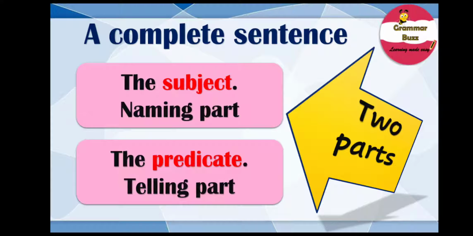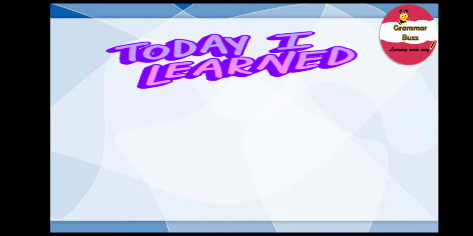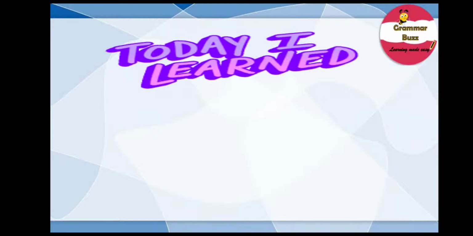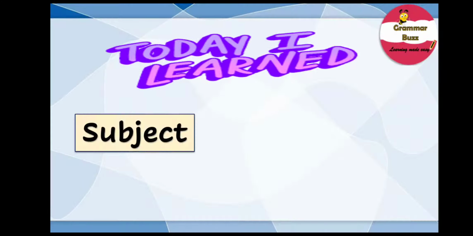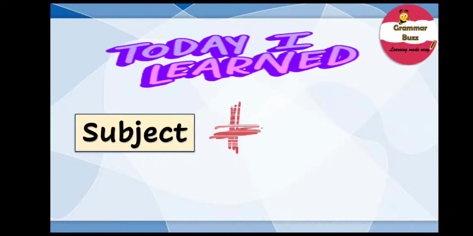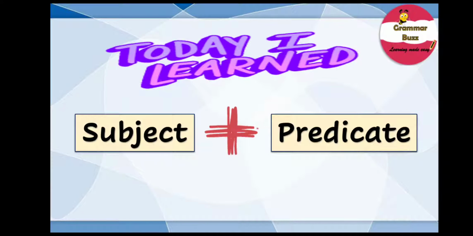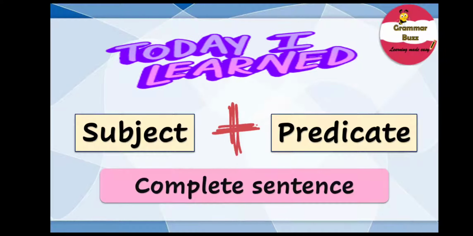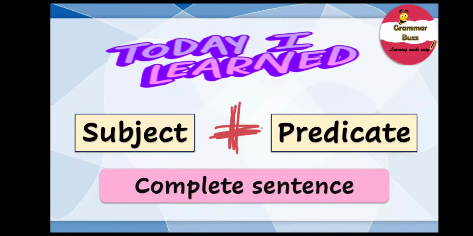So remember, a complete sentence has two parts, the subject, the naming part, and the predicate, the telling part. So, what have we learned today? We have learned that both the subject and the predicate are needed to make a complete sentence.